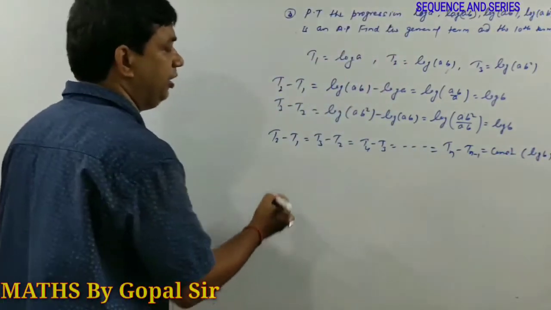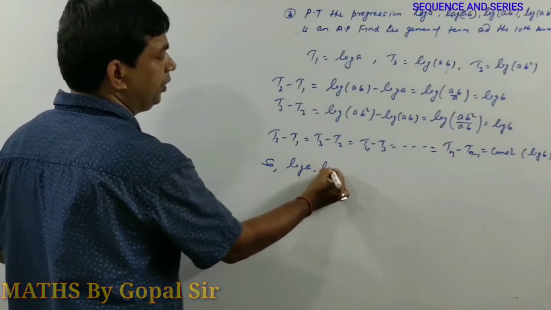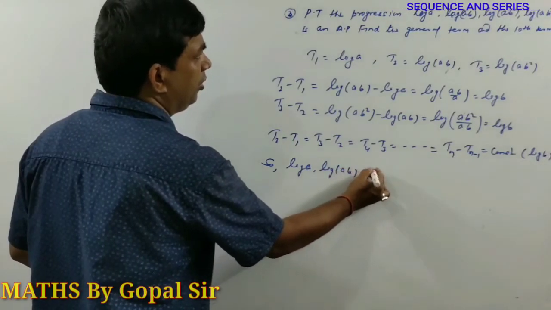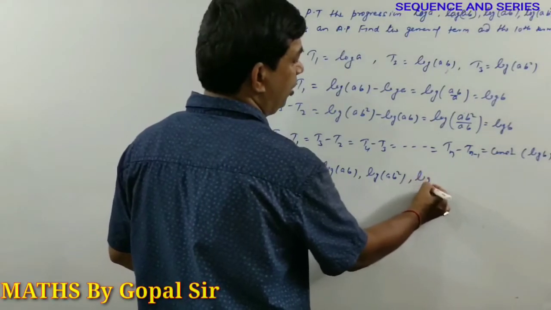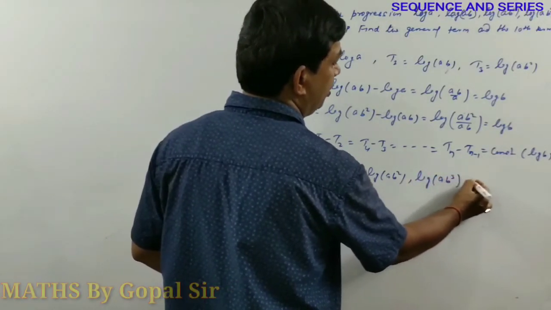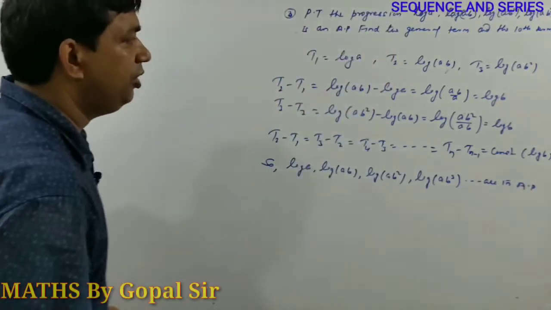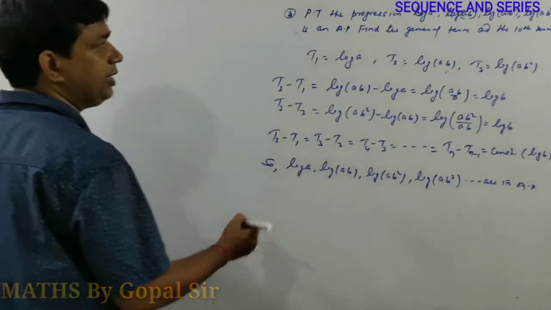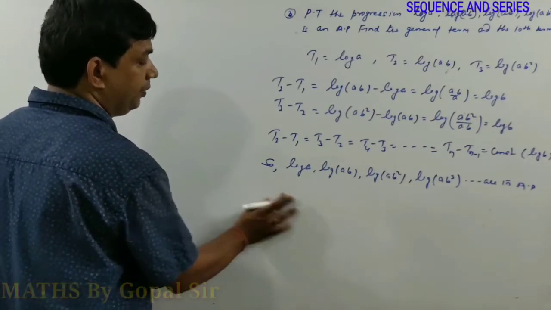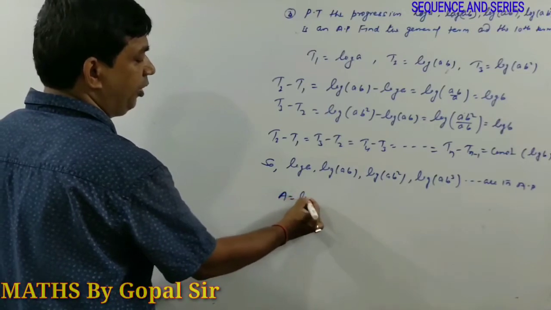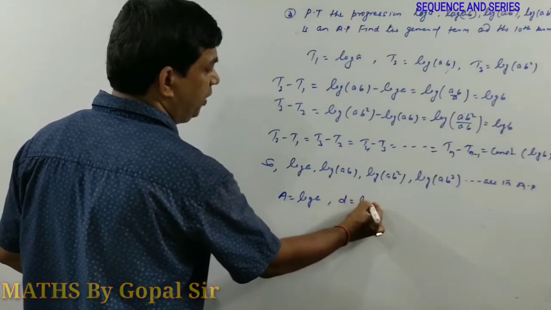And if it is constant, then log a, log ab, log ab², log ab³ are in AP. And if it is in AP, what do we have to find? Its nth term. A means first term. First term is log a, and common difference d is equal to log b.